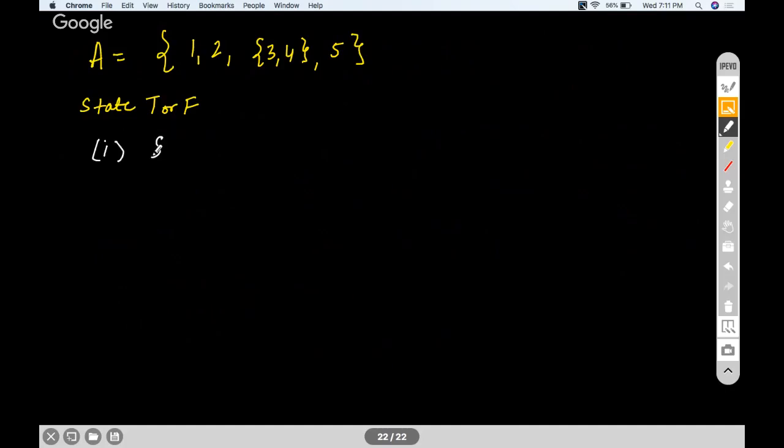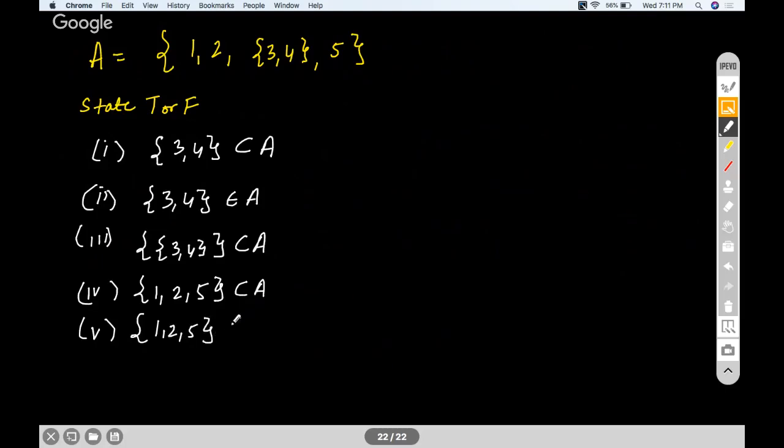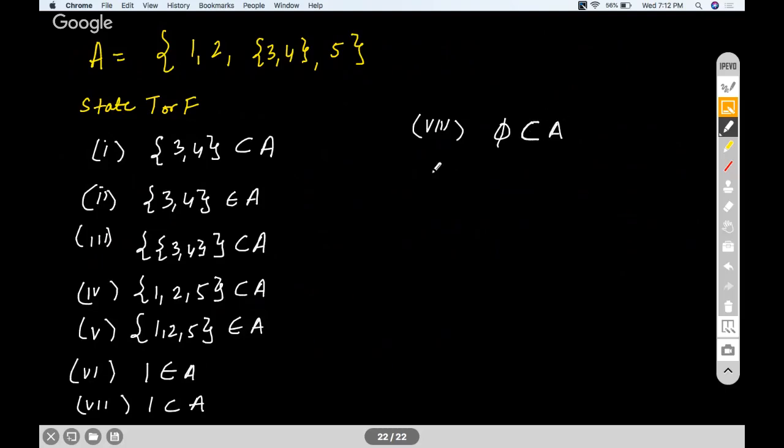First statement is 3 comma 4 is a subset of A. Second one, 3 comma 4 belongs to A. Third one, set of 3 comma 4 is a subset of A. Option 4, 1 to 5 set is a subset of A. 5, 1 to 5 set belongs to A. Sixth one, 1 belongs to A. Seventh one, 1 is a subset of A. Eighth one, null set is a subset of A. And ninth one, null set is a subset of.